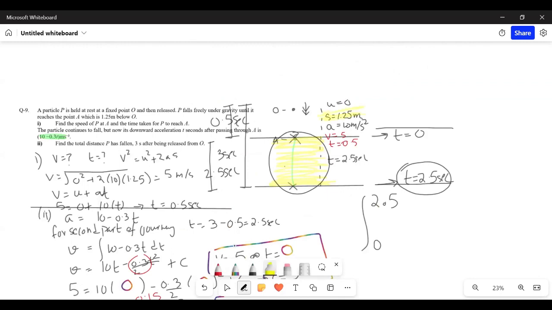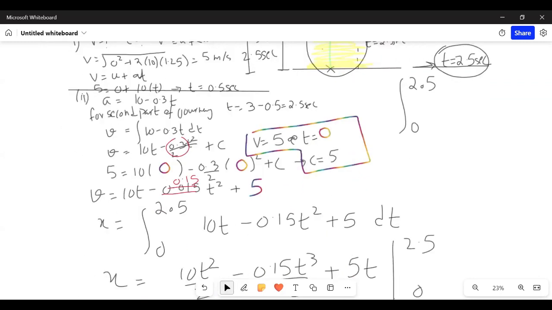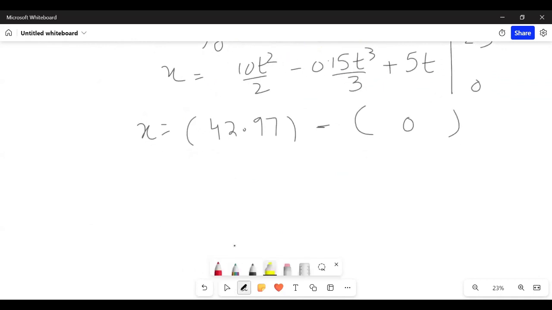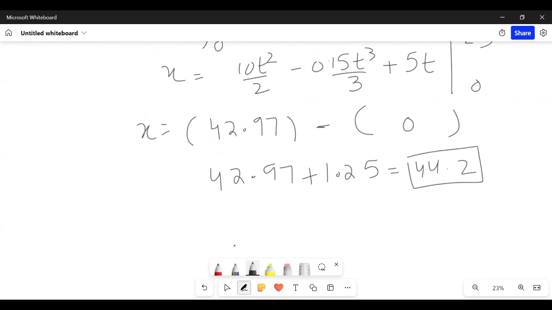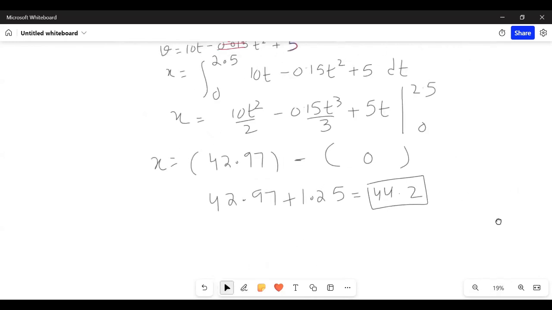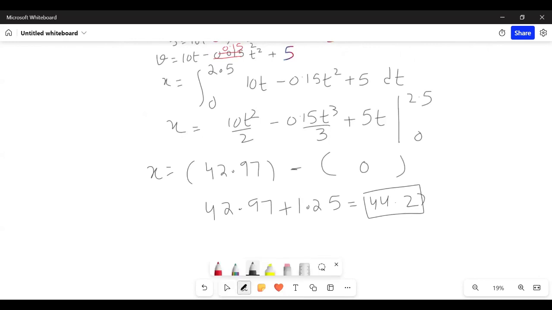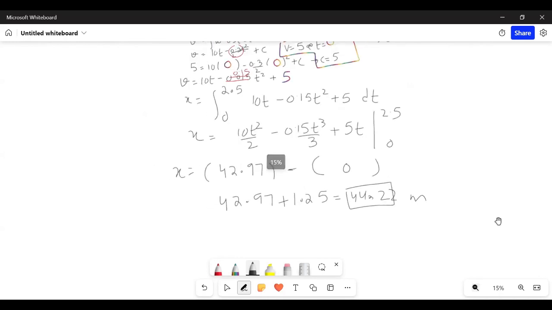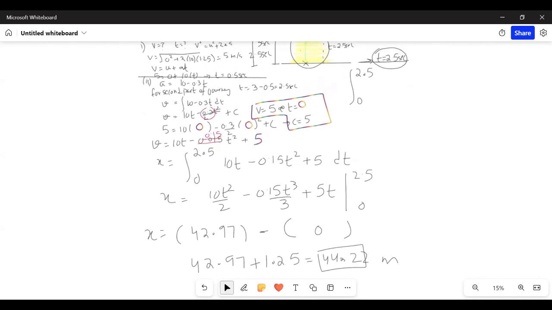So add 1.25 and the answer we just got, and that should be the final answer. 42.97 plus 1.25, which gives 44.2, which is the answer. 44.22, which you may round to 44.2. So this was a tricky question.